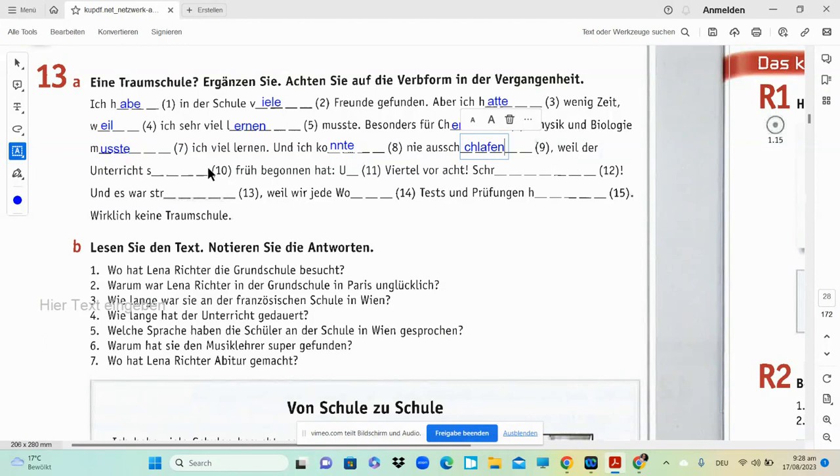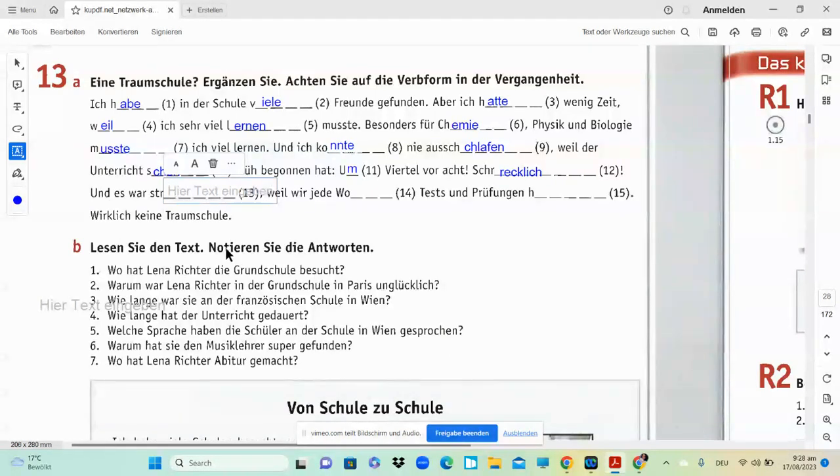Okay, weil der Unterricht schnell maybe, or already has begun, since you can see hat, so you will say schon. What is schon? It is already. Früher begonnen hat. Und sorry, it's going to be Viertel vor 8 schrecklich, sorry, schrecklich. Why schrecklich? Because you can see the exclamation mark over here. Und es war, it was, you can say difficult, or it was stressful.